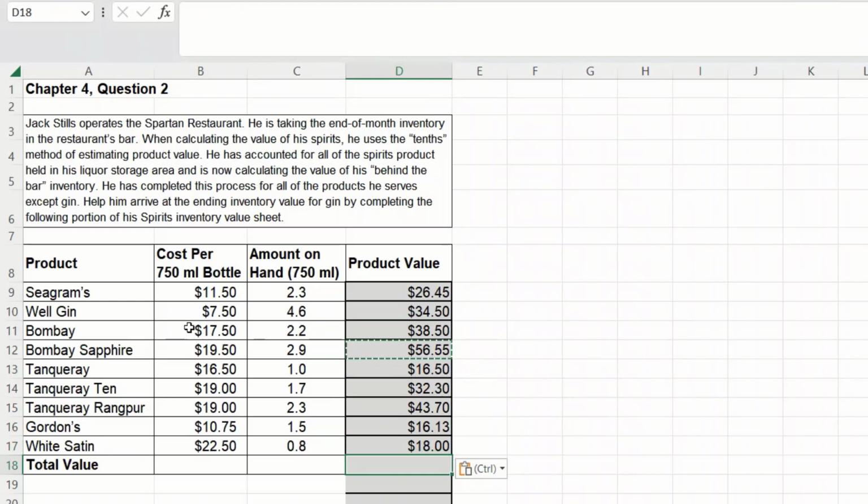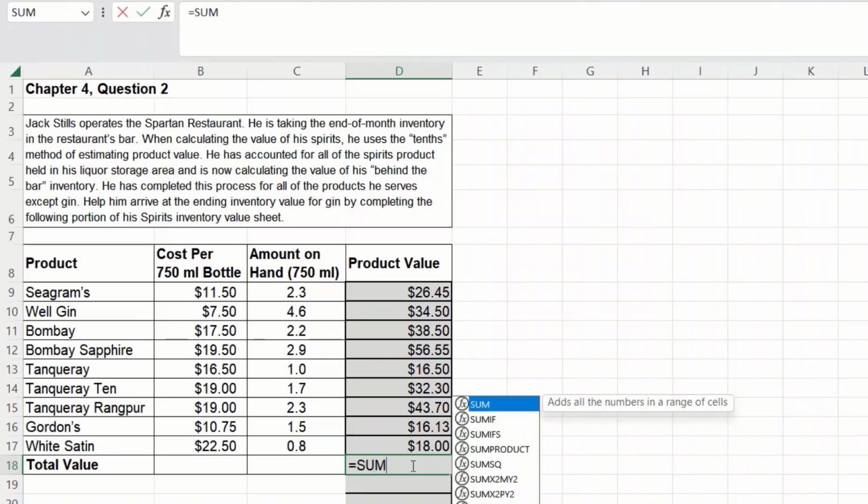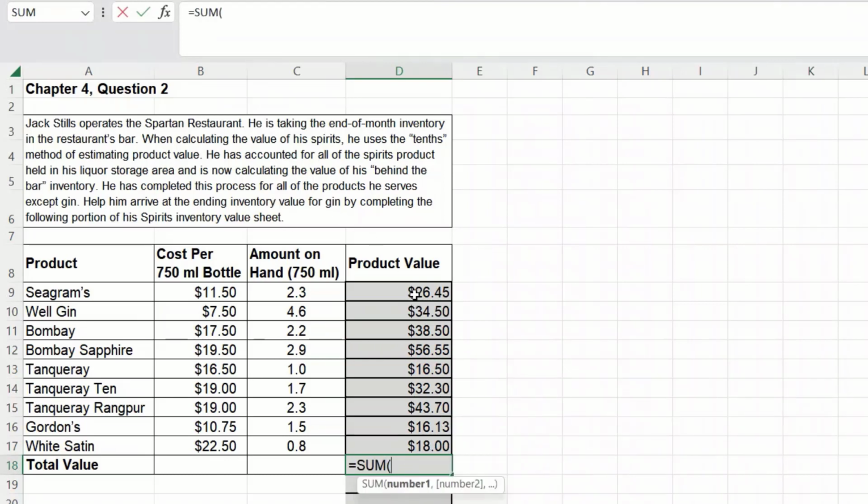Now, we can't sum the cost per bottle and sum the amount on hand and get the correct total. Okay, that won't be correct. So we'll go ahead and sum up our total product value here, and we come up with $282.63.